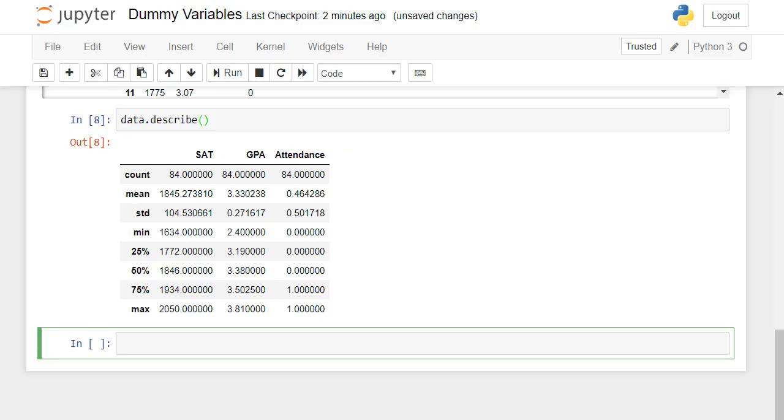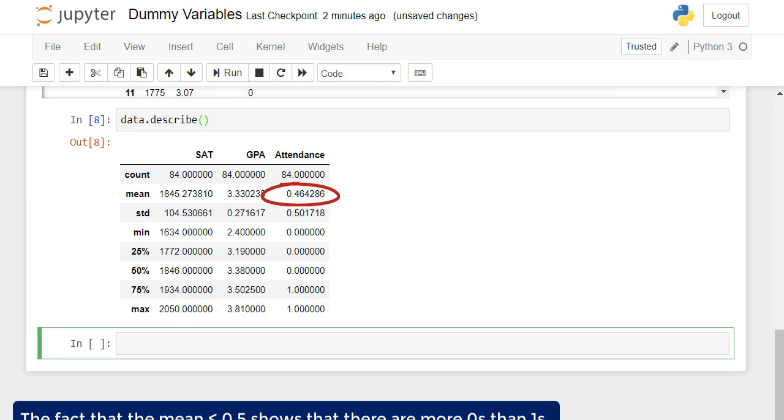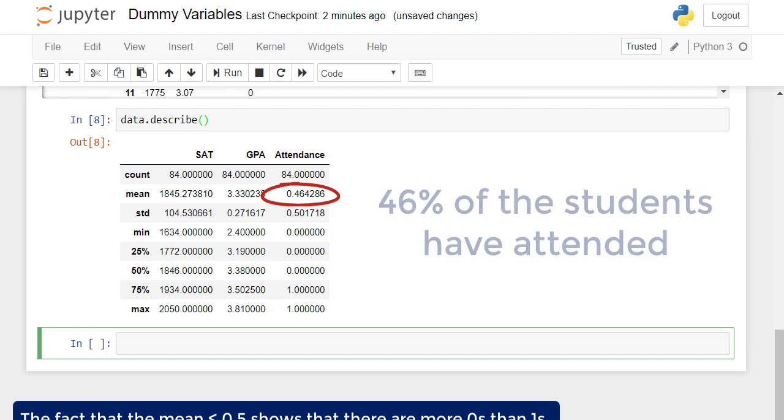Let's take a look at the descriptive statistics of the variables. Notice that the mean of attended more than 75% is 0.46. The fact that the mean is less than 0.5 gives us the information that there are more zeros than ones. Since the two outcomes are 0 and 1, this implies that 46% of the students have attended more than 75% of the lessons.